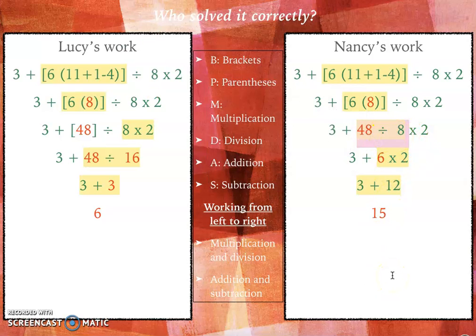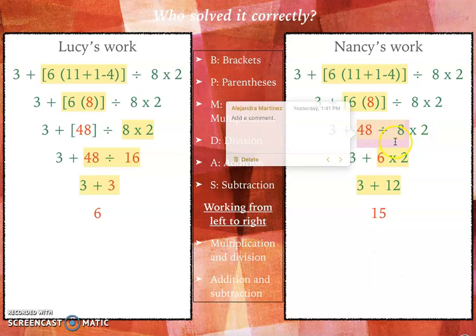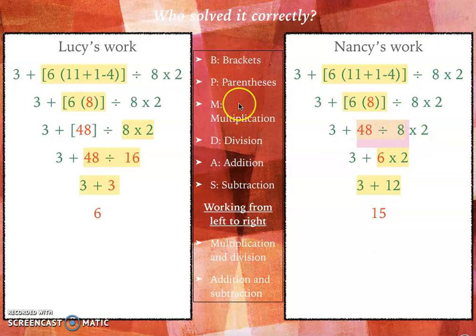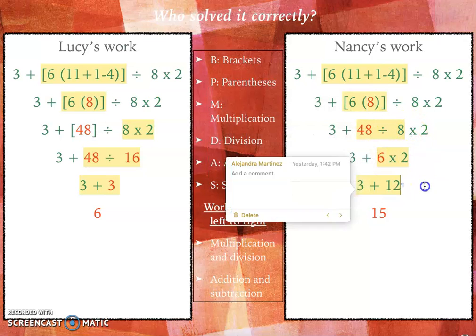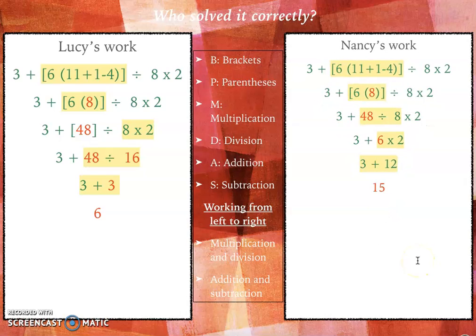She remembered that she must work from left to right, and that's why she divided first, even though multiplication is next on the BPMDAS. This is just a way to remember the order. But when you have multiplication and division, or addition and subtraction, you have to work from left to right. So Nancy gets a good job, and Lucy gets a please double check your work!